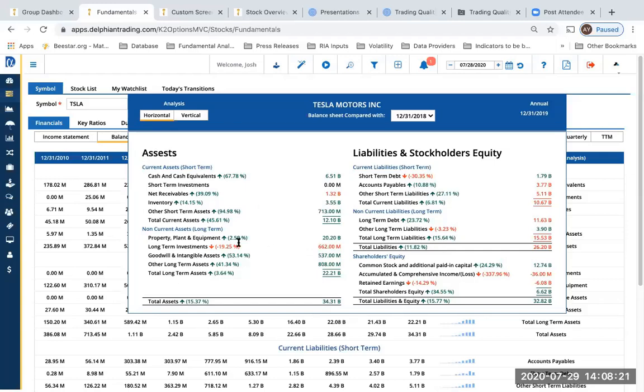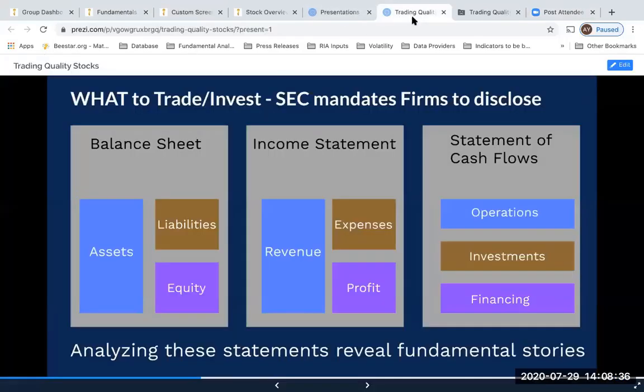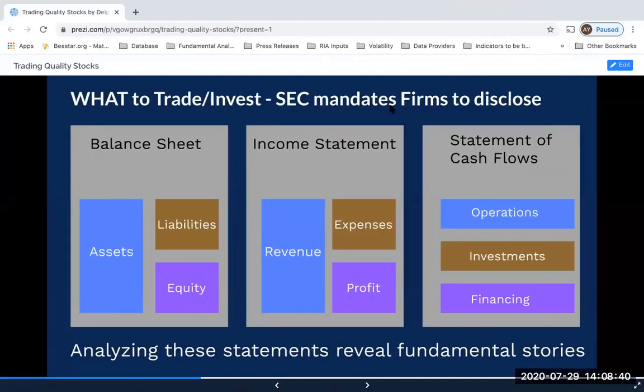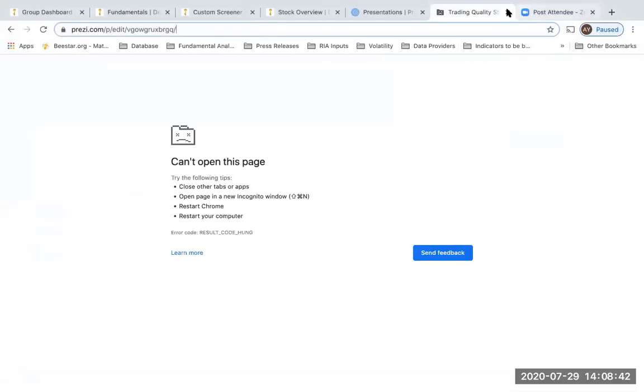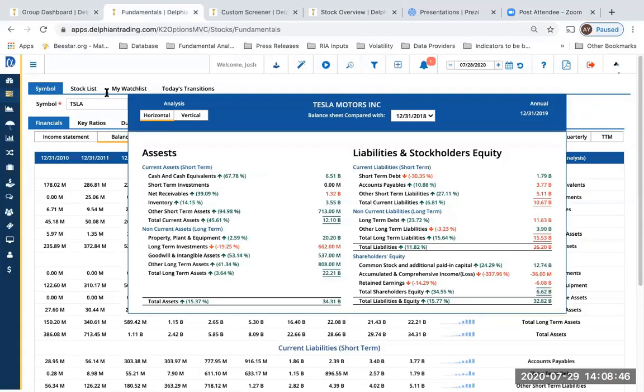You're looking at assets on the left side, and liability in the top portion, and the shareholder equity on the bottom portion of the right side, just like how we have seen here.